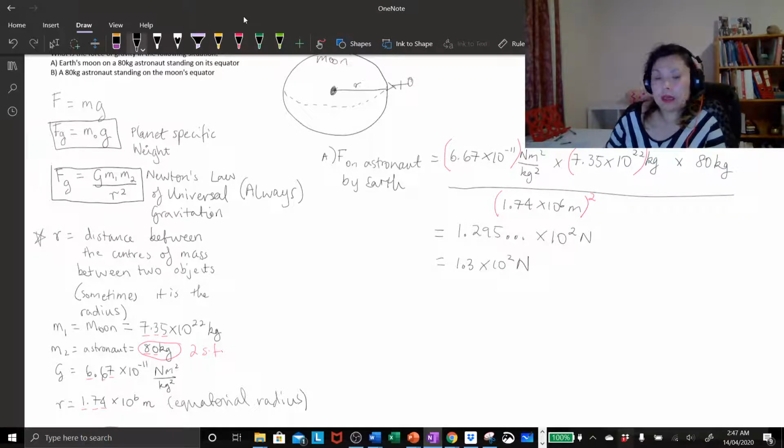Okay, and because it's the force on the astronaut, the force will be towards the center of the moon. Let's look at part B. Part B, we're asked to find out the force on the moon by the astronaut.